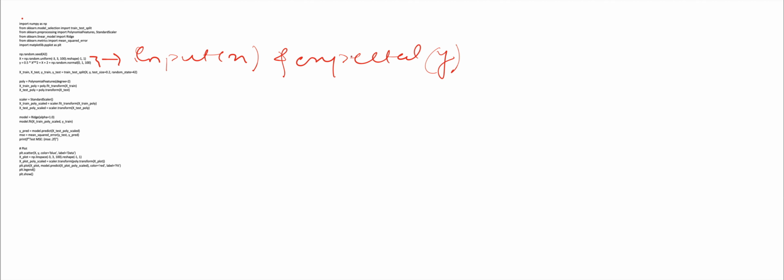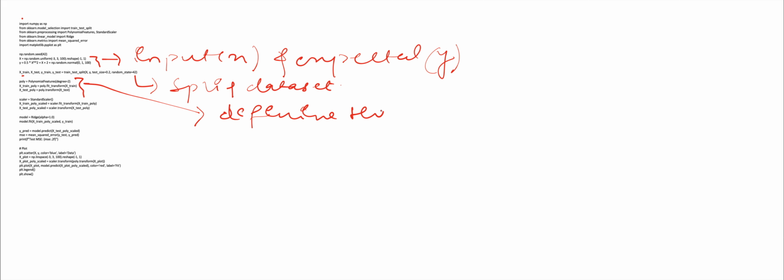Here we are splitting our data set. Now this line is defining the polynomial relation. Here the degree is 2, so it's a 2-degree polynomial.